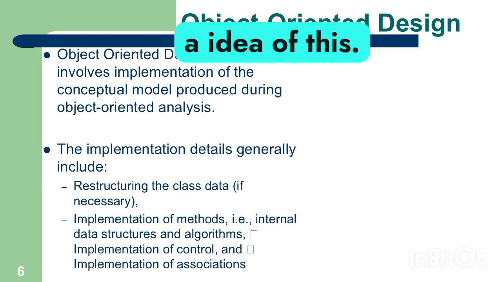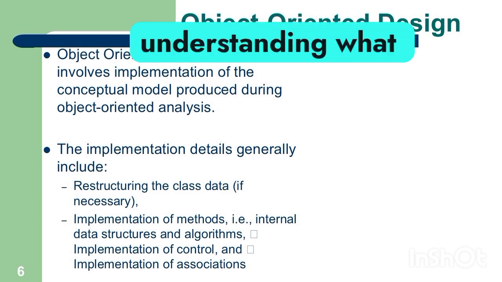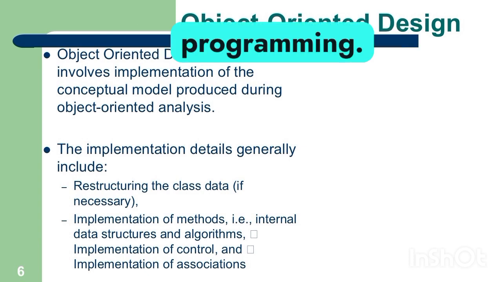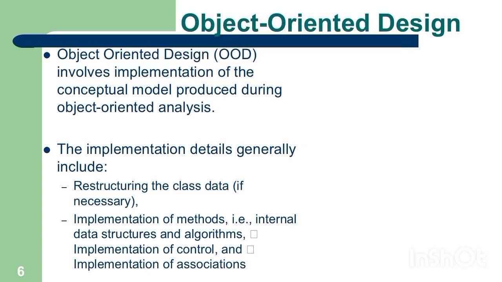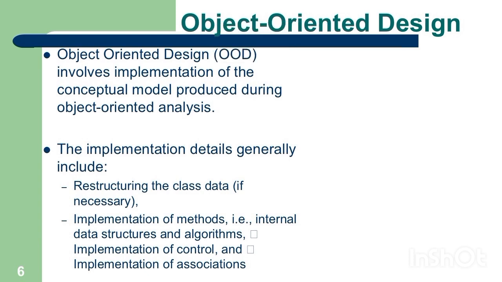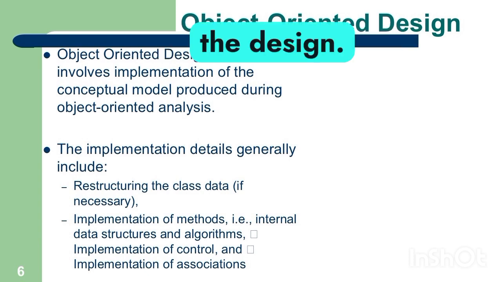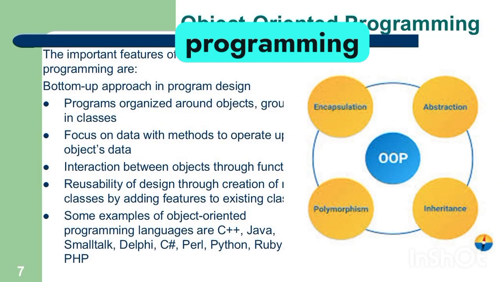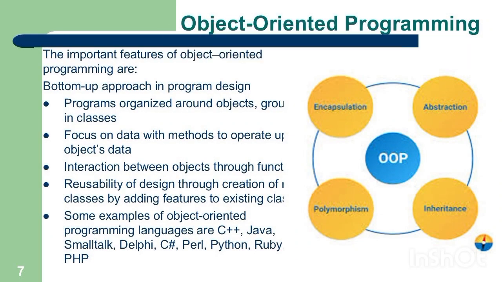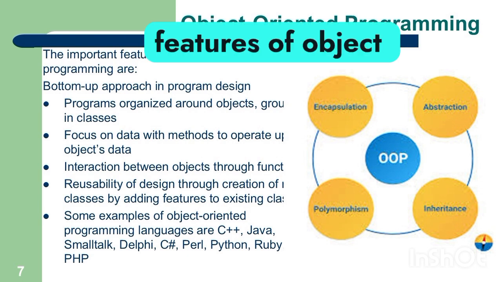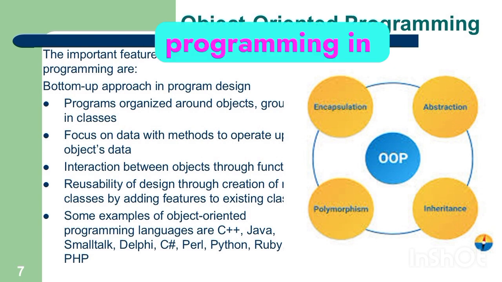So I believe we have an idea of this. We don't have any problem; we are quite understanding what we are doing. So remember, we are dealing with object-oriented programming. That's what brings about looking at the evolution of object-oriented programming. We look at the analysis, and then we are now done with the design. So let's look at the main concept of object-oriented programming itself. This is the most important feature of object-oriented programming in general.